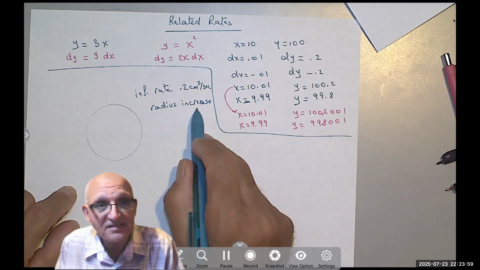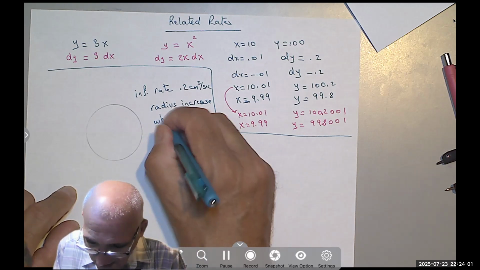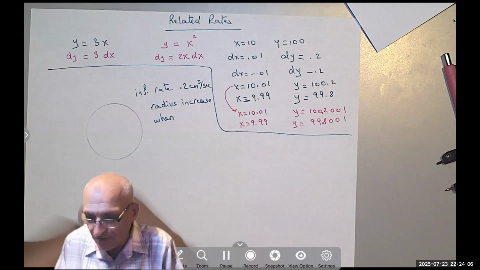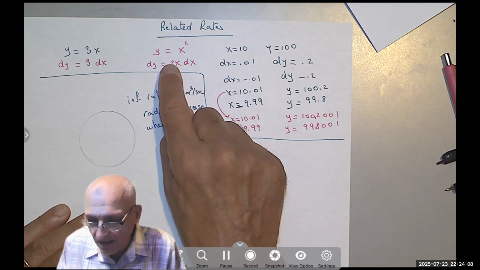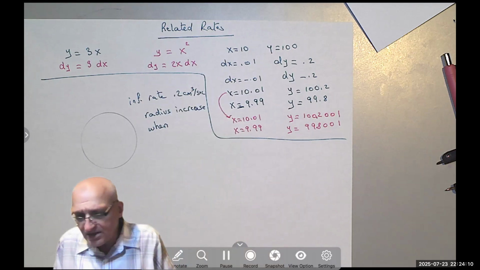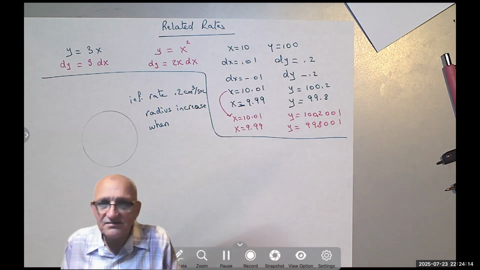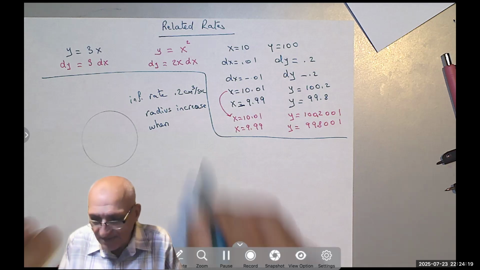the rate of increase of the radius when... notice here I have to give you some kind of value. Like here I cannot say y equals x squared and the rate here is whatever, what is the increase in y? You say, oh, you have to tell me what is x.